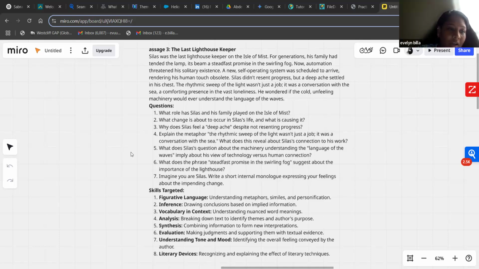Okay. Cardinal, same question. I said it reveals that Silas has a deep connection with his job. It was a calm, comforting experience for him.